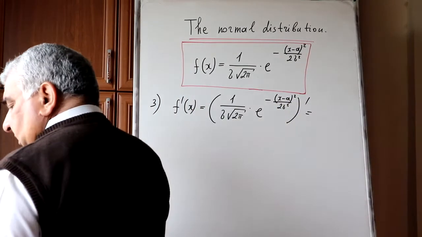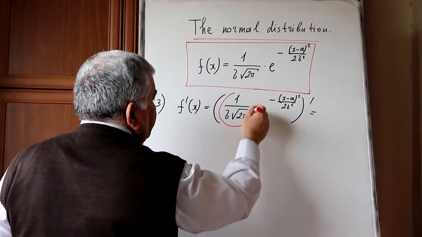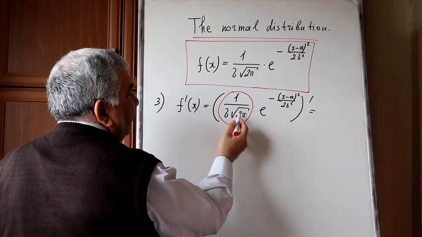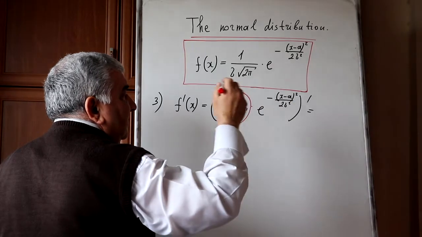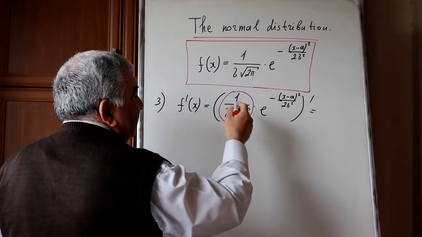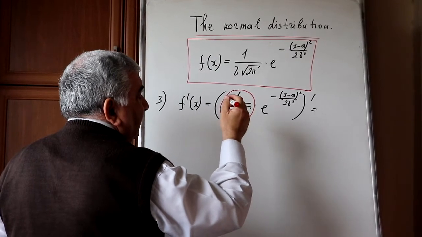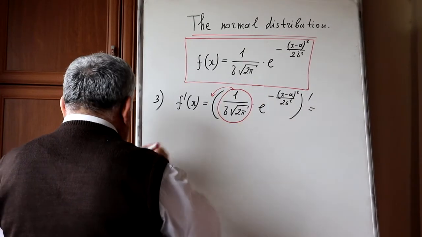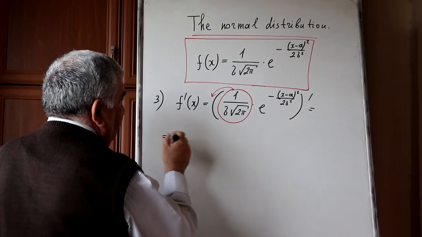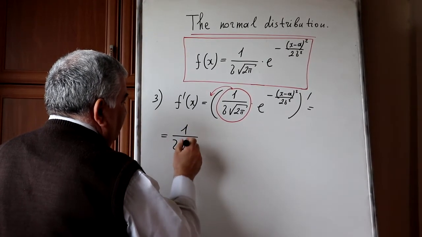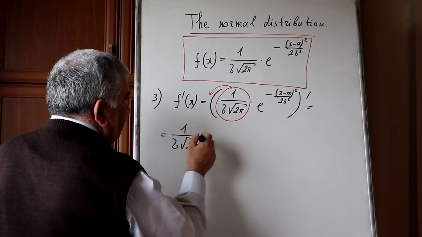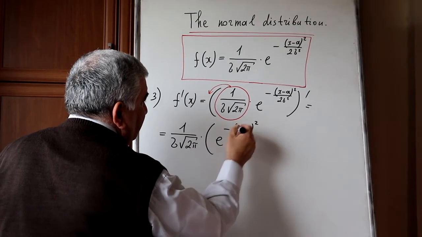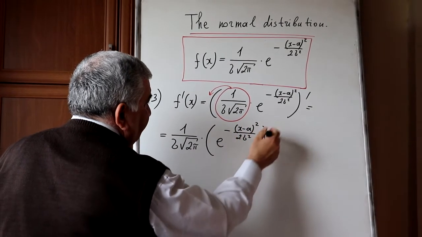And here the coefficient 1 over sigma multiplied by square root of 2 pi is the constant factor, and it can be taken out of the derivative symbol. 1 over sigma multiplied by square root of 2 pi, e raised to minus x minus a squared over 2 sigma squared prime.